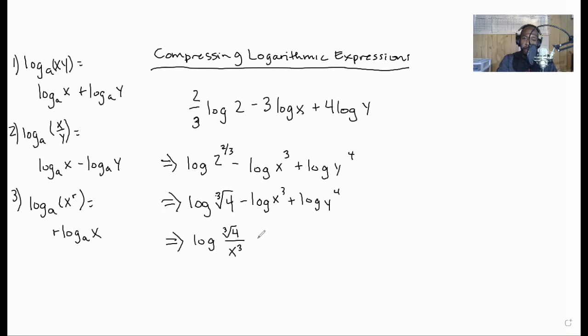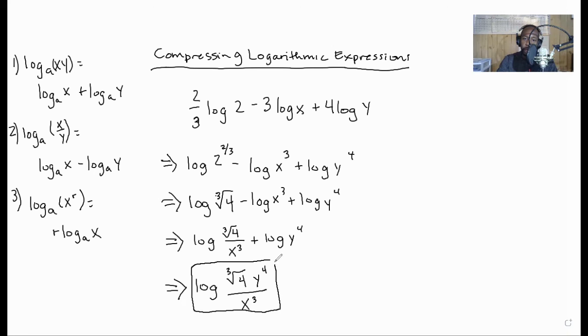Now let's put this piece back in, plus log of y to the 4th. And finally, let's pull this in. When you have a log plus a log, it's the log of the inside of the first one times that of the second one. So this becomes log of the cube root of 4 times y to the 4th, all over x cubed. And that is your answer.